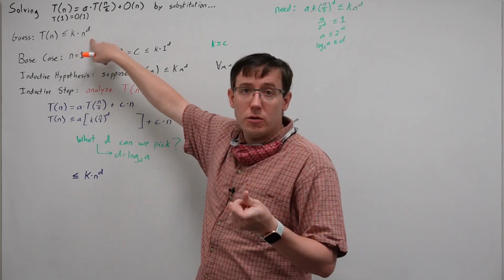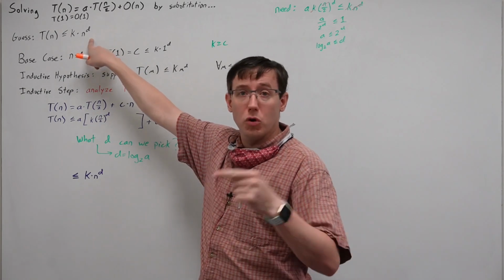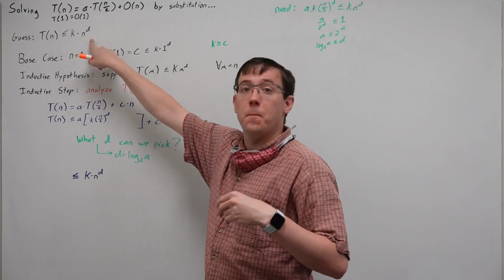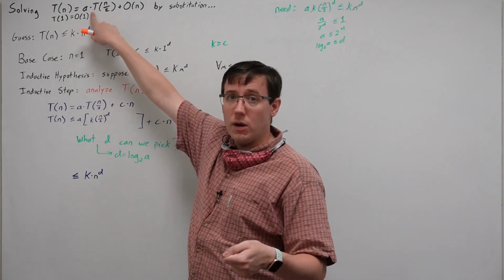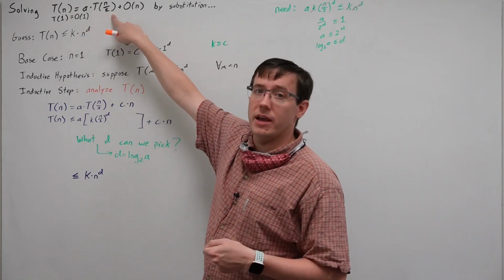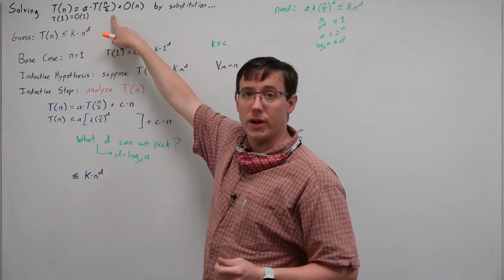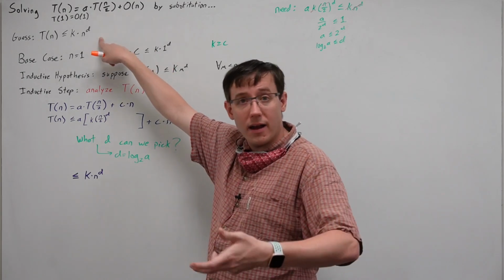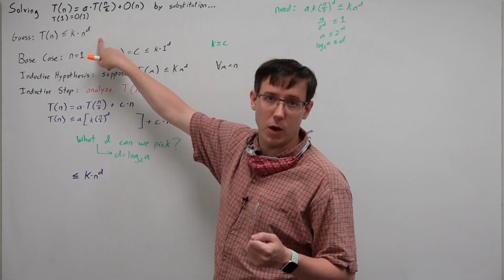And that's a reasonable expectation to have, because when we analyzed merge sort, we got something that was bigger than linear. So when a is greater than 2, we have more subproblems of the same size as the merge sort subproblems, so we should expect only a larger running time. And so adding on a linear term here shouldn't change our eventual big O analysis.